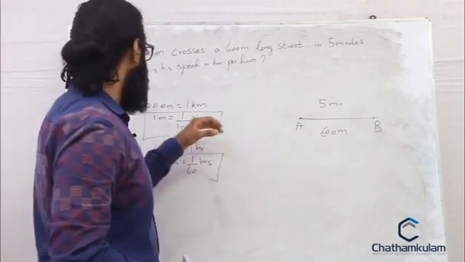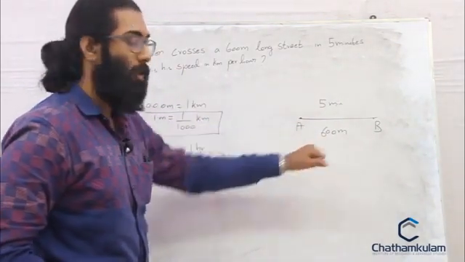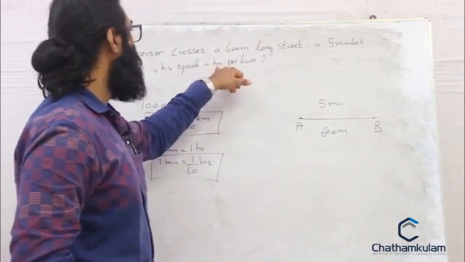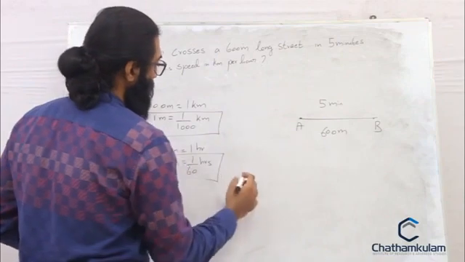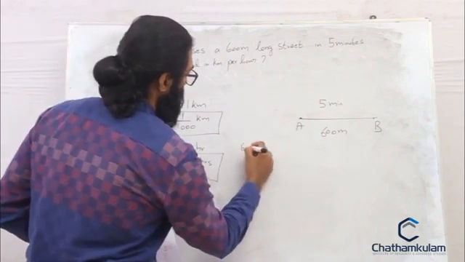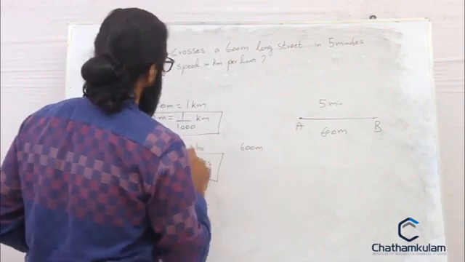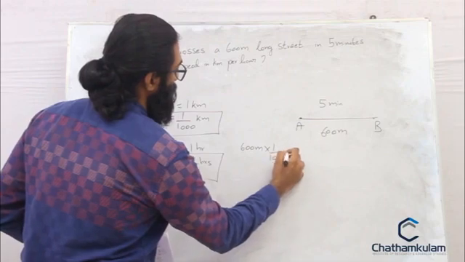So first we have to convert this 600 meter into kilometer, as in the question we need it in the form of kilometer per hour. So 600 meter we convert into kilometer by multiplying it by 1 by 1000.